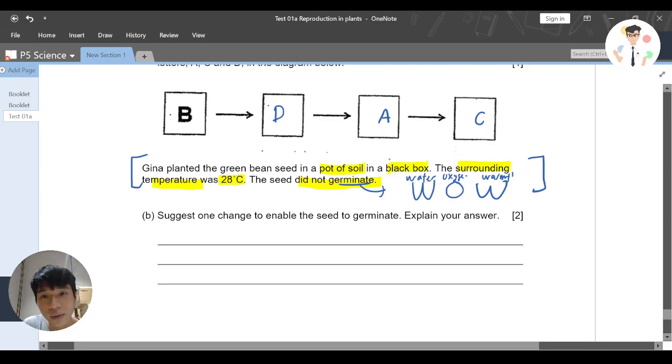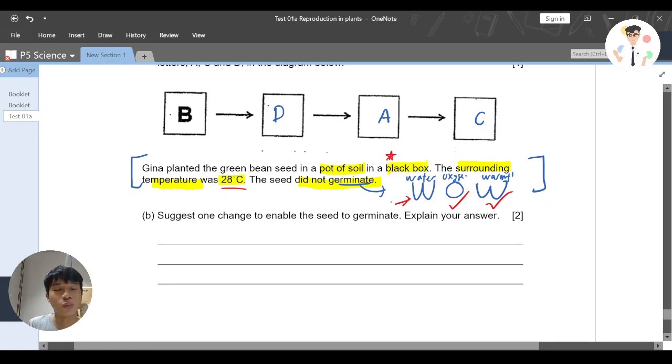Seal means totally no oxygen, no air can enter. And the temperature is 28 degrees Celsius, so you have warmth. So what is not being mentioned here is the water.